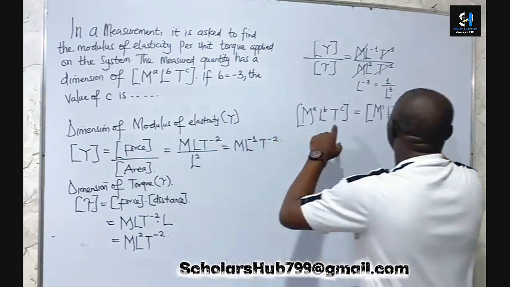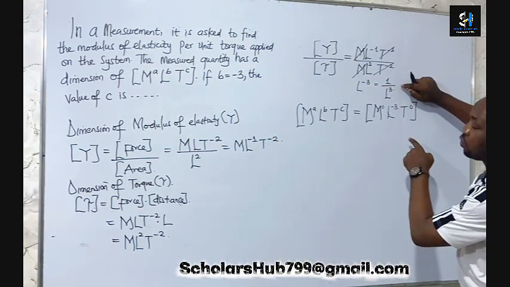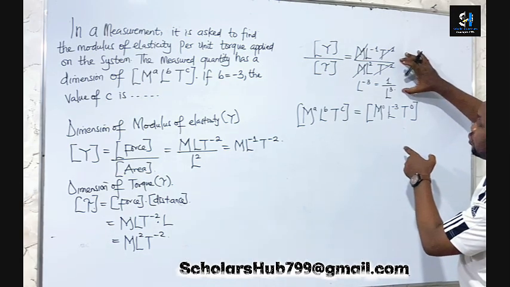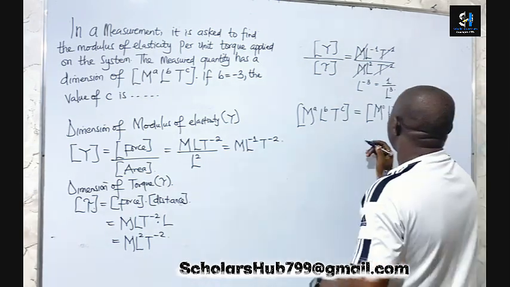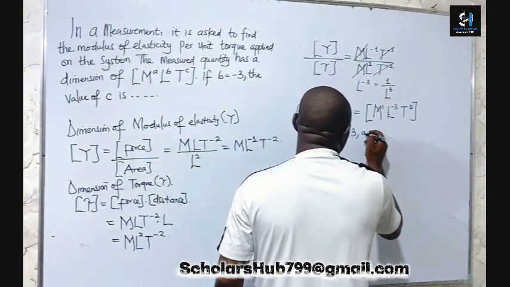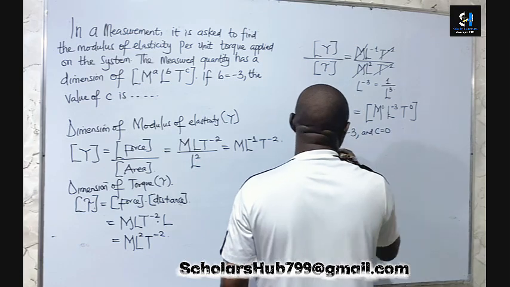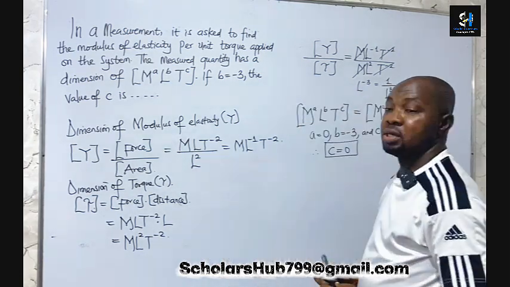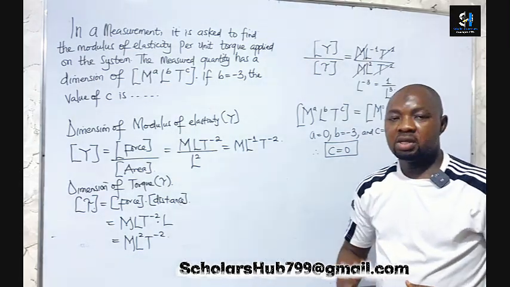Because there is no T dimension in what we got, A is 0, B equals -3, and C equals 0. Therefore, the value of C will be 0. I'll see you in the next video. Bye-bye.